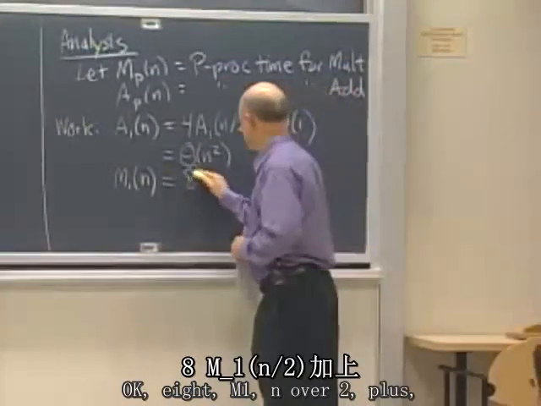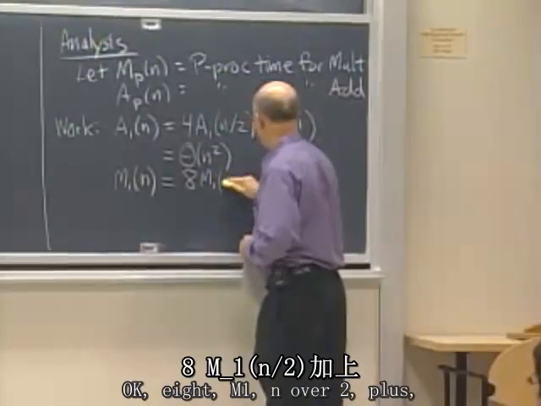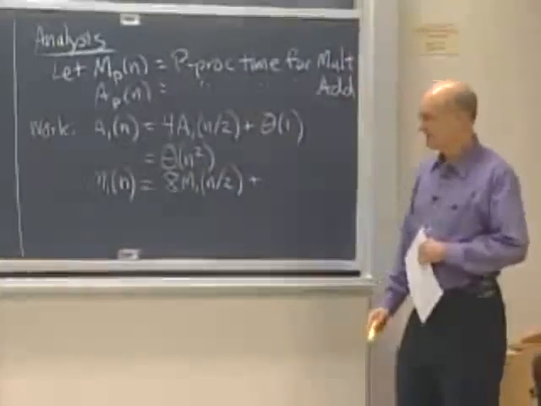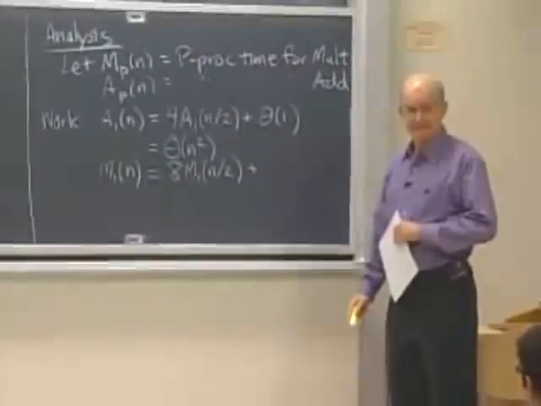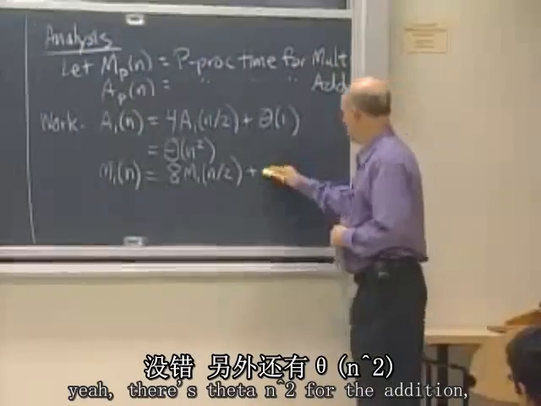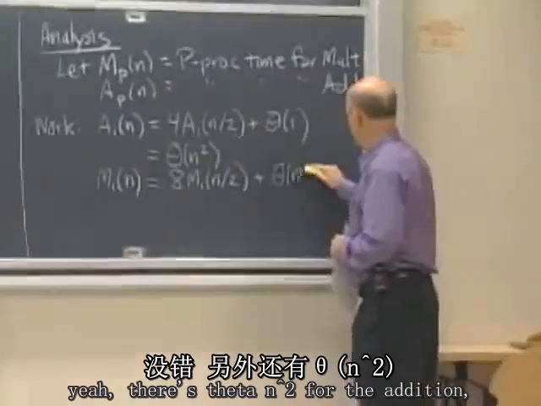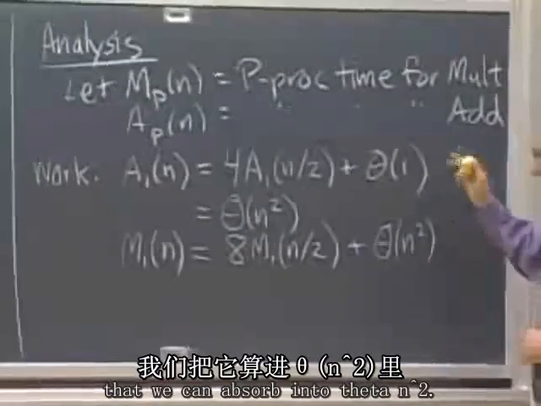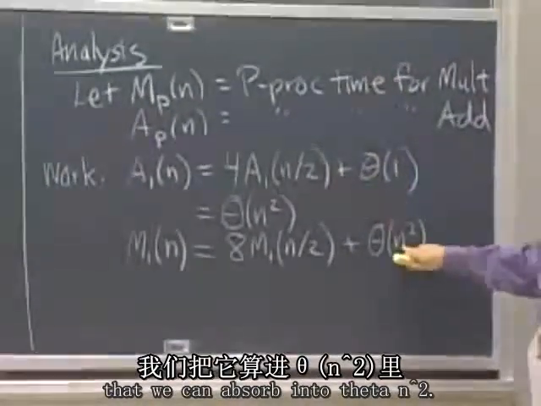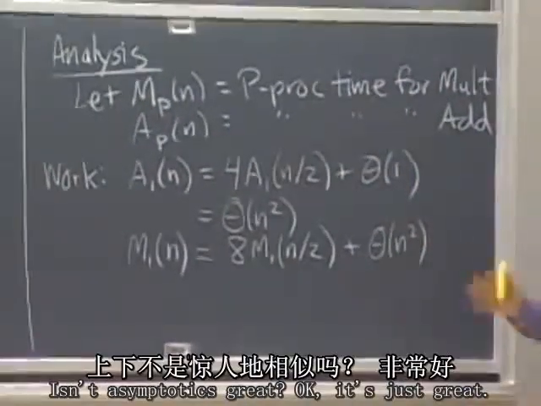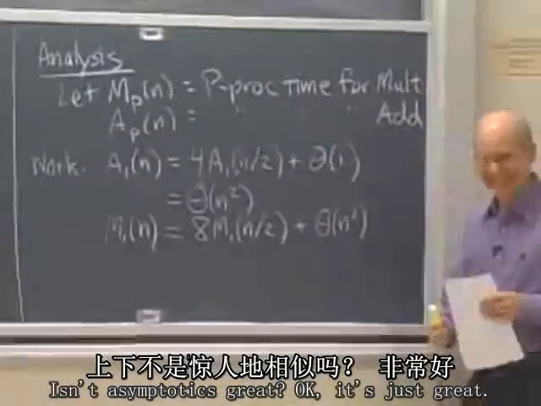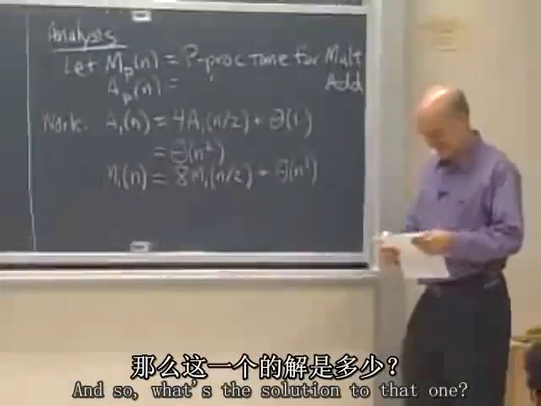Okay. 8 T(n/2) plus, yeah, there's theta n squared for the addition, and then there's an extra theta 1 that we can absorb into the theta n squared. Isn't asymptotics great? Okay, it's just great.